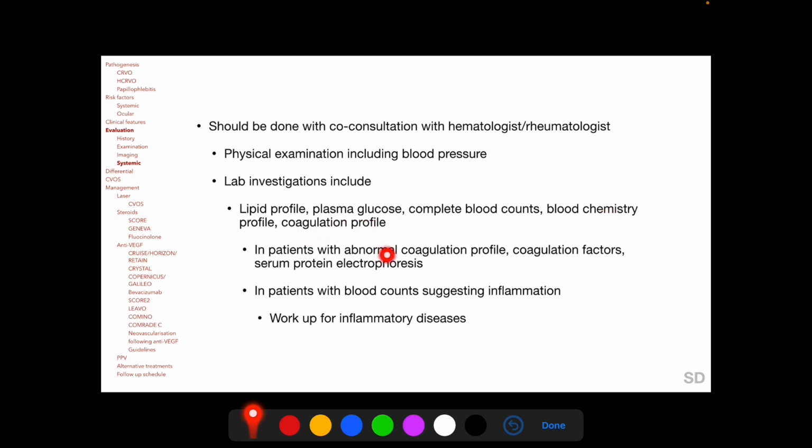In patients with abnormal coagulation profile, coagulation factors and serum protein electrophoresis are among the tests which should be ordered, and in patients with blood count suggesting inflammation, workup is indicated for inflammatory diseases.